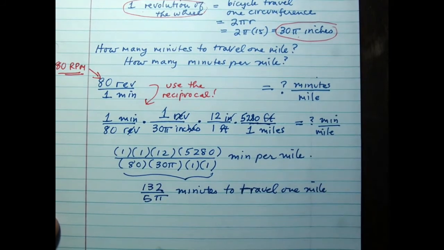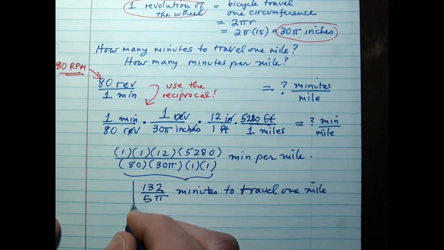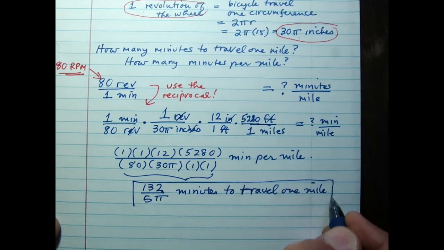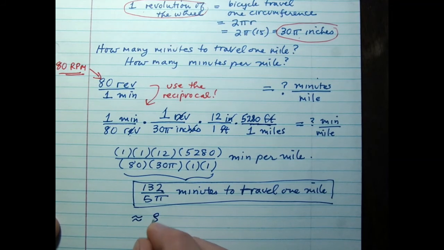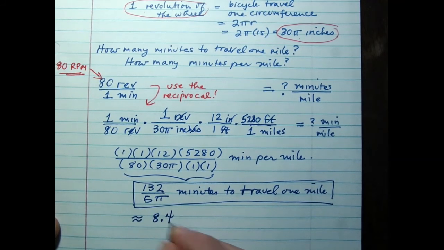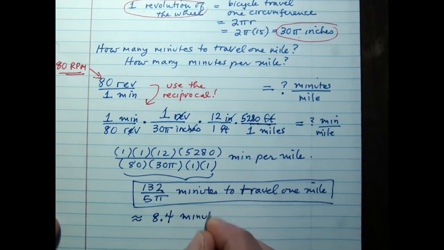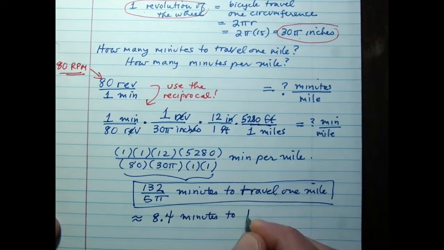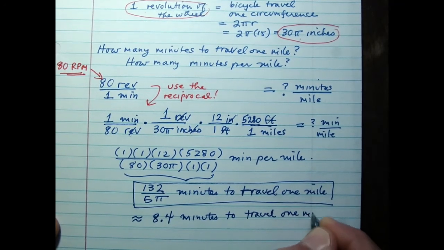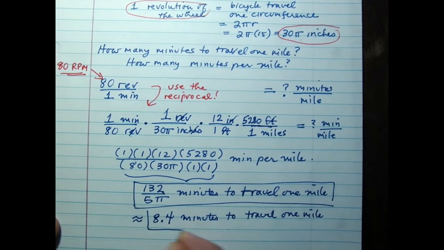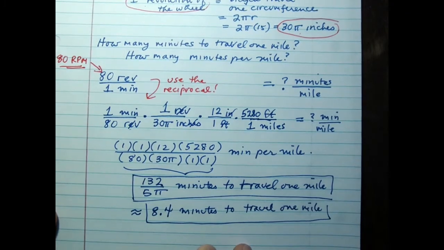So that's the way the original question was worded. I guess that's the exact answer. At any point you can shift to a decimal. For this, it's about 8.4 minutes to travel 1 mile, and I got that 8.4 on my calculator.